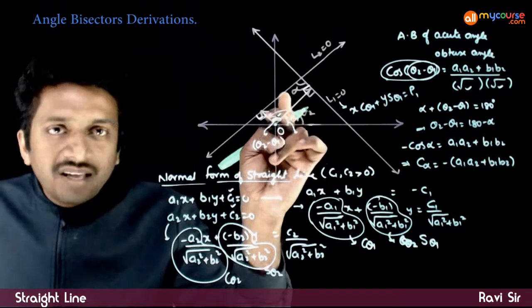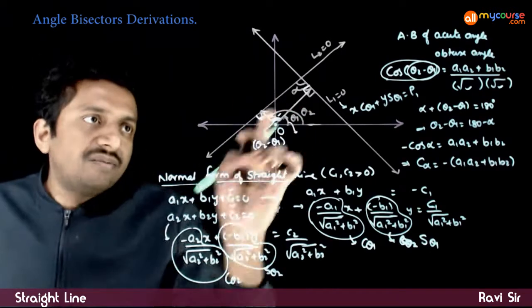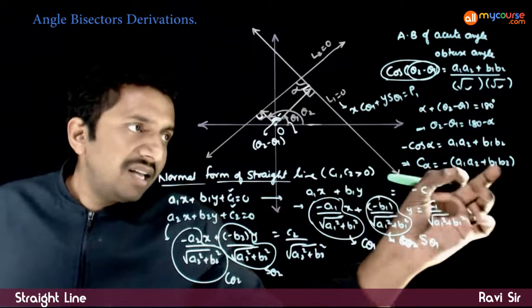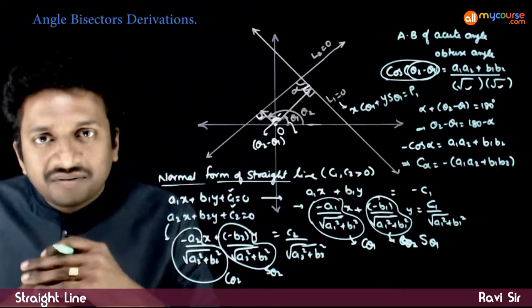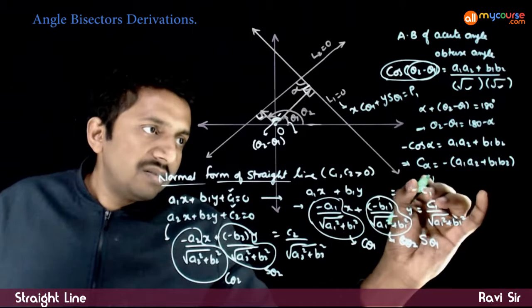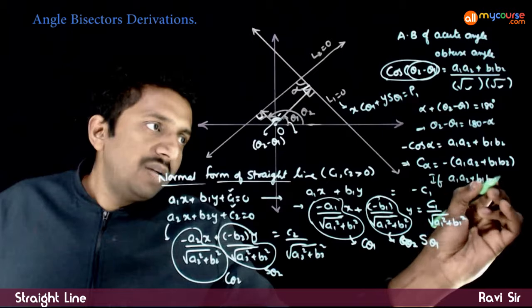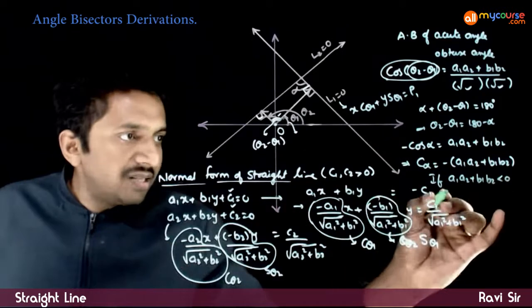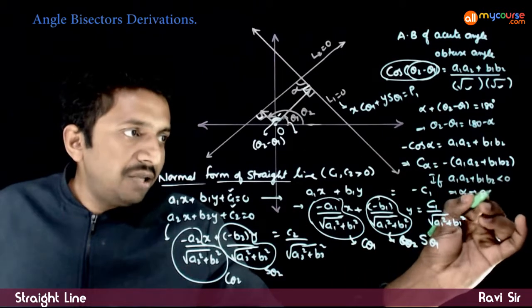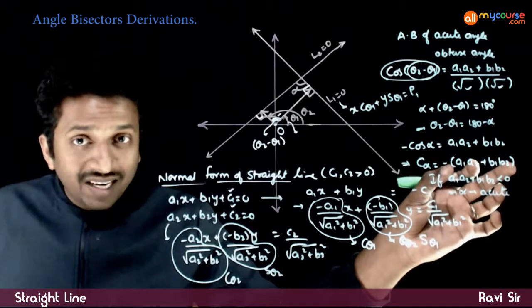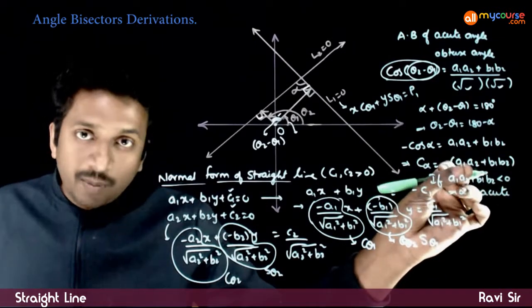So if alpha is acute, then this has to be positive. Then a1 a2 plus b1 b2 is negative. So if a1 a2 plus b1 b2 is less than 0, this implies alpha is acute, right? a1 a2 plus b1 b2 is negative. So minus of minus will be positive.